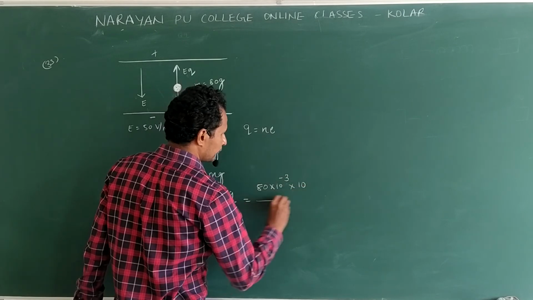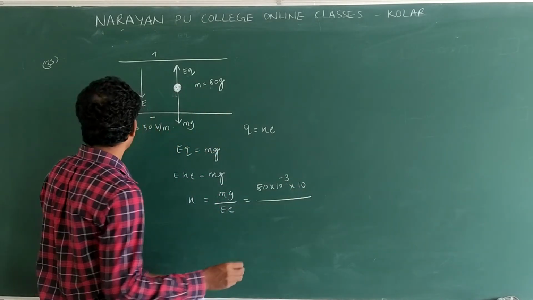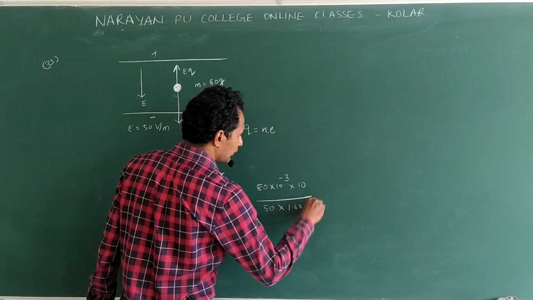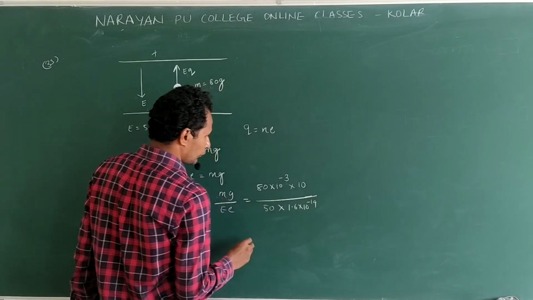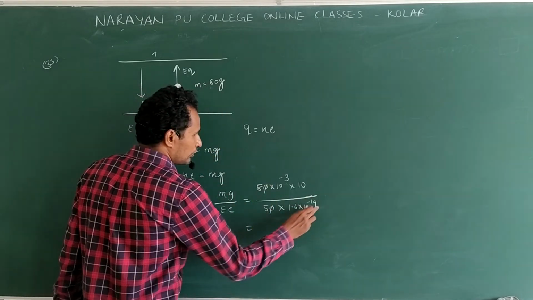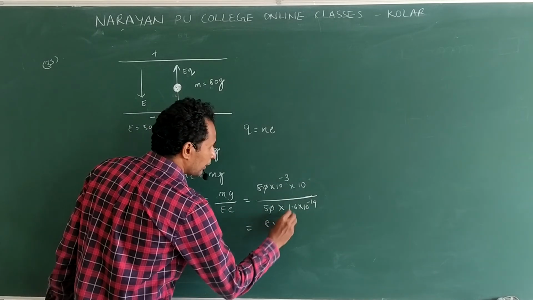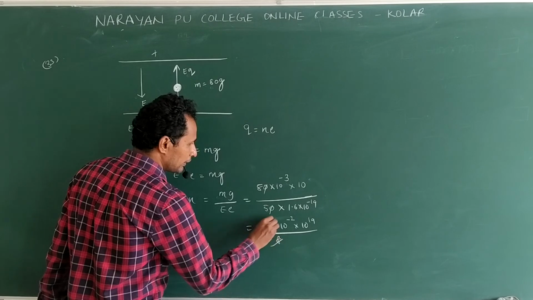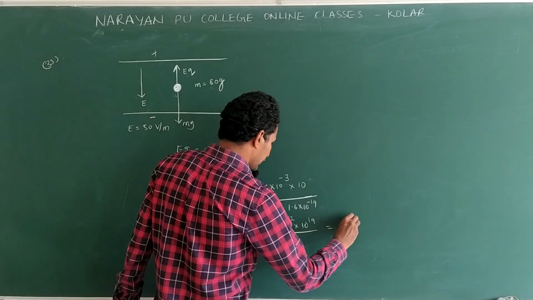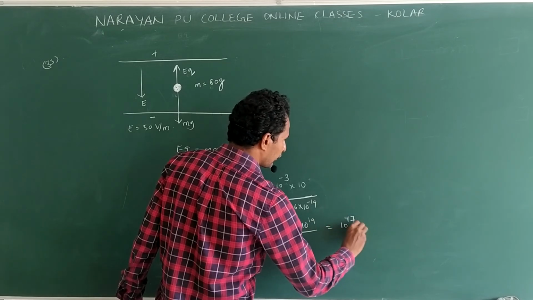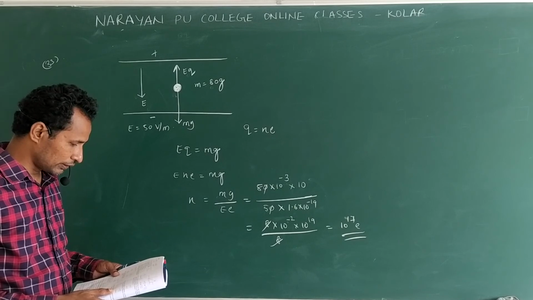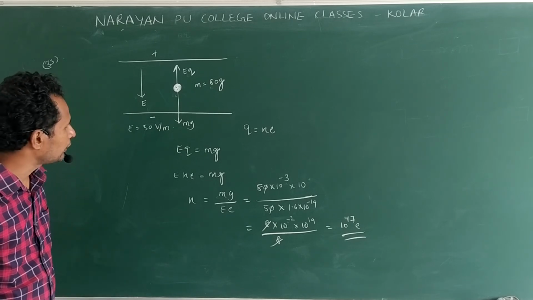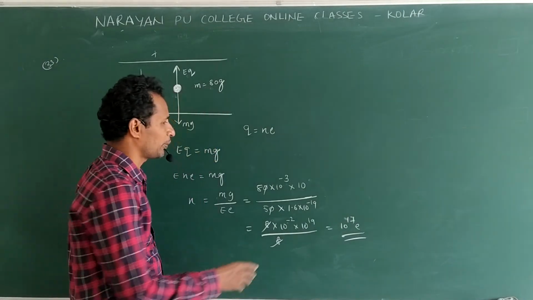Taking g as 10, E is 50, and the charge of electron 1.6 into 10 power minus 19. The 100 cancels, and 8 cancels, giving 10 power 17 electrons. They gave 18 in the options, so check it. Now we got 10 power 17 electrons.